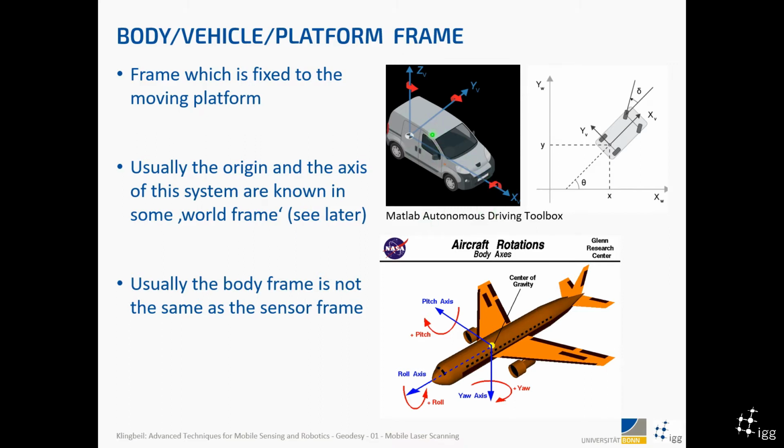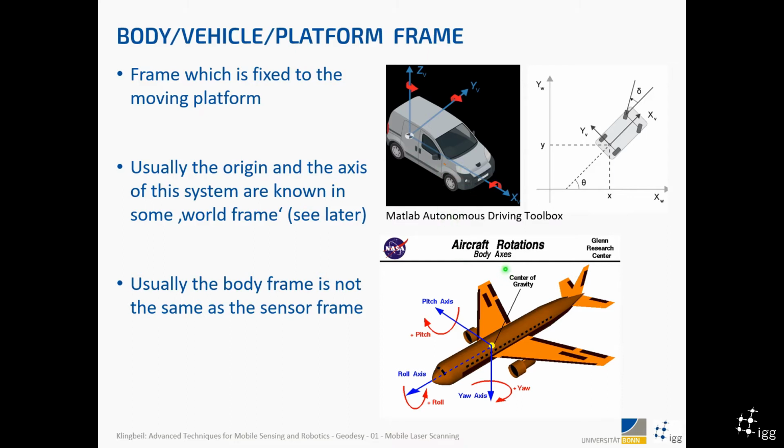There are probably other definitions. You could also say that the origin is the center of mass. There are different ways to define it. The main thing is that you describe and define very carefully how, in your case, the system is defined.